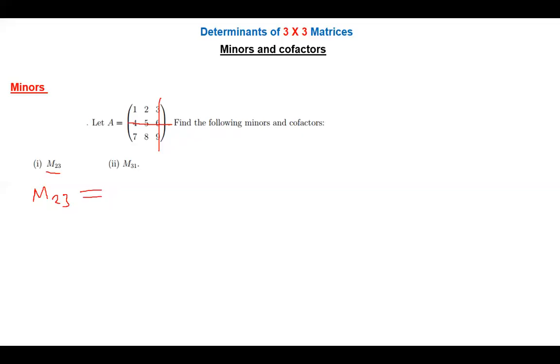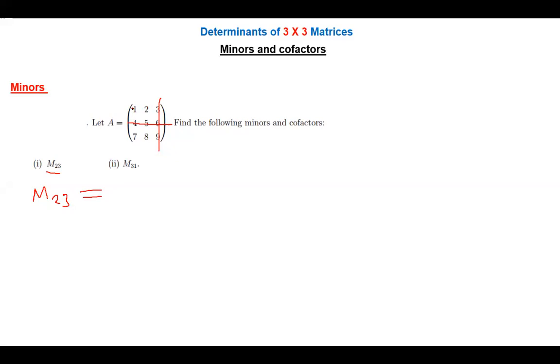The problem with network here. So proceed. This is what I'm trying to explain here. To find the minor of this, you delete the second row and the third column there.